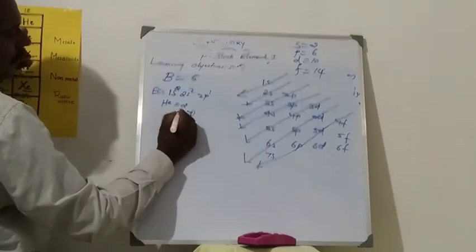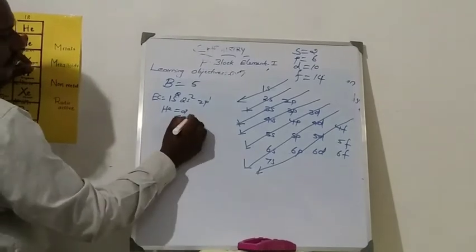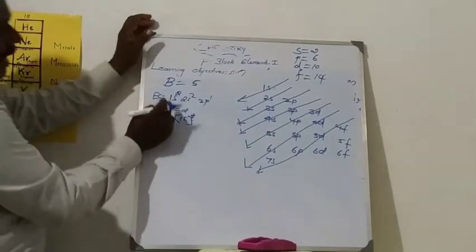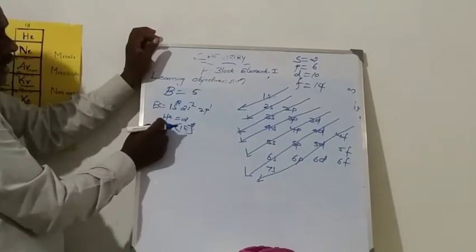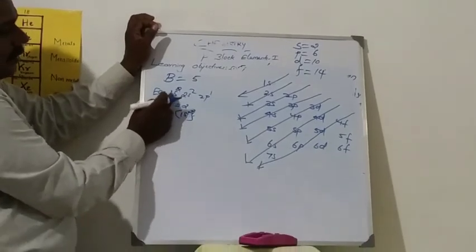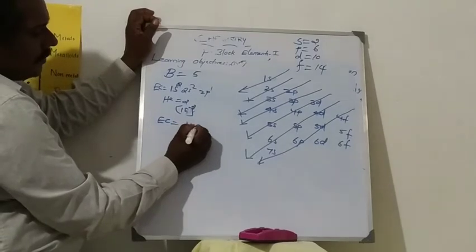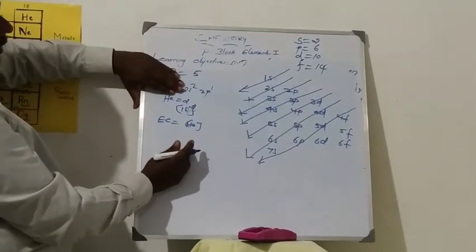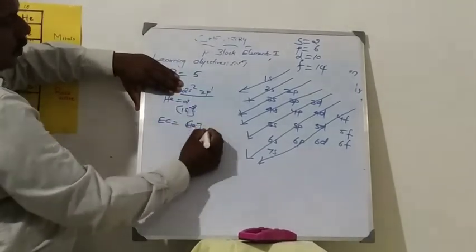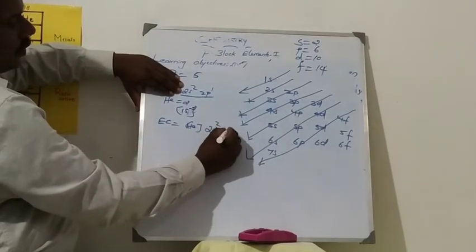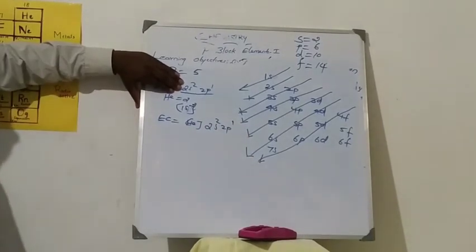Am I right? 1s2. So for this 1s2 we can use helium, that is EC is equal to helium. The remaining you should write: 2s2, 2p1. This is the short form.